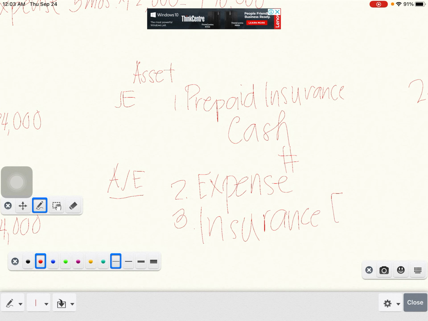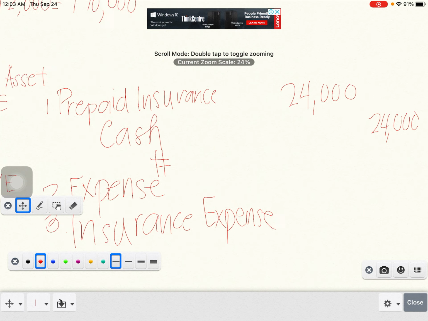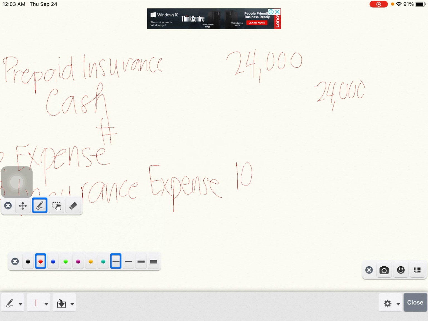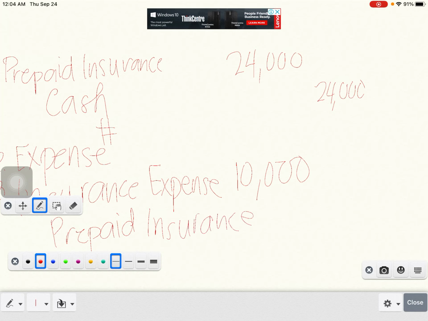How much is our expense? Look at our solution. That is 10,000. And it's also the same amount that we would deduct from our prepaid insurance. Because our prepaid insurance, our asset account, is overstated by 10,000.